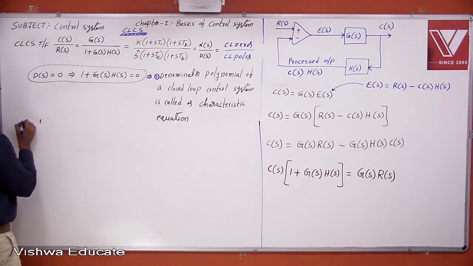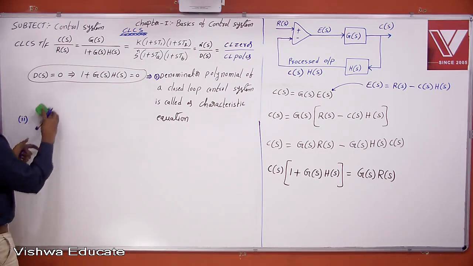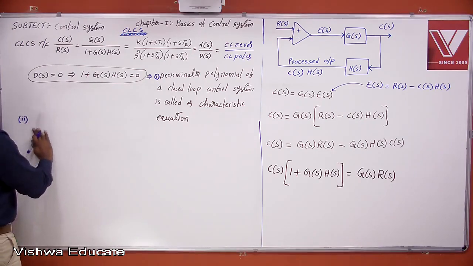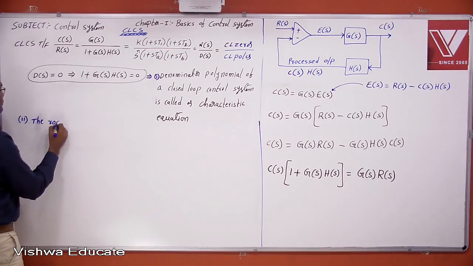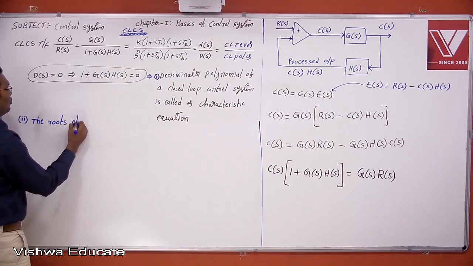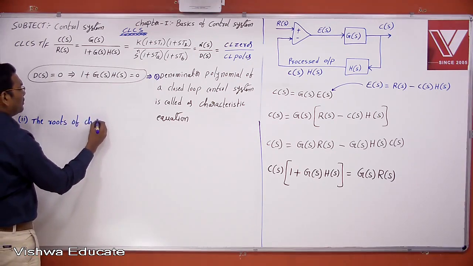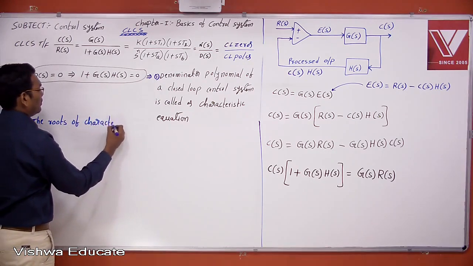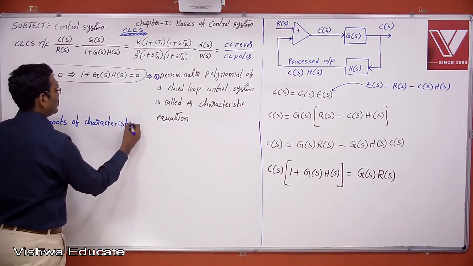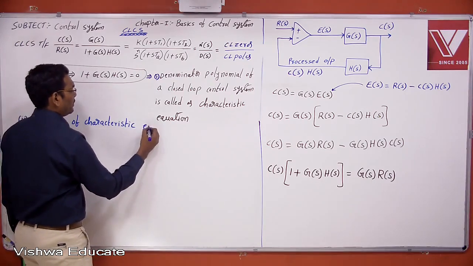The second point is the roots of the characteristic equation.